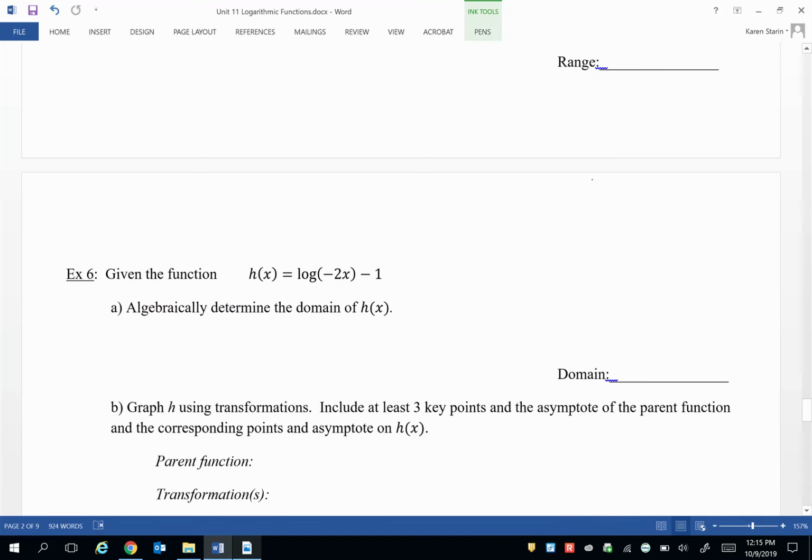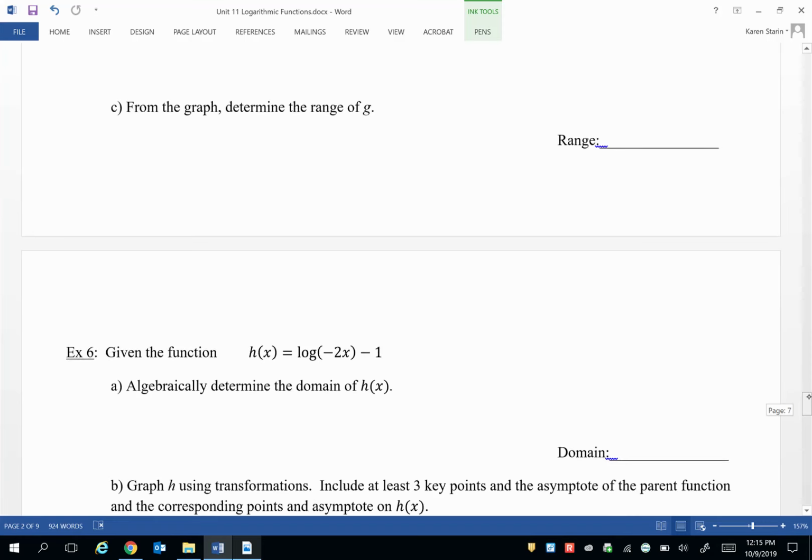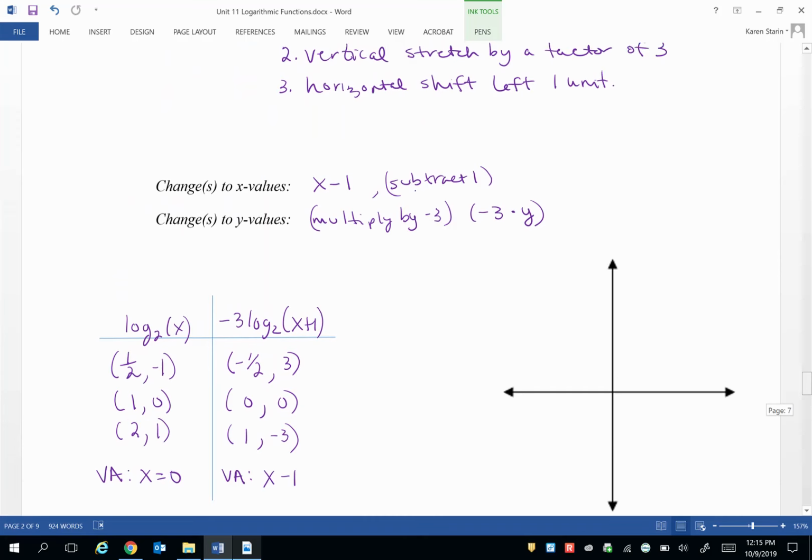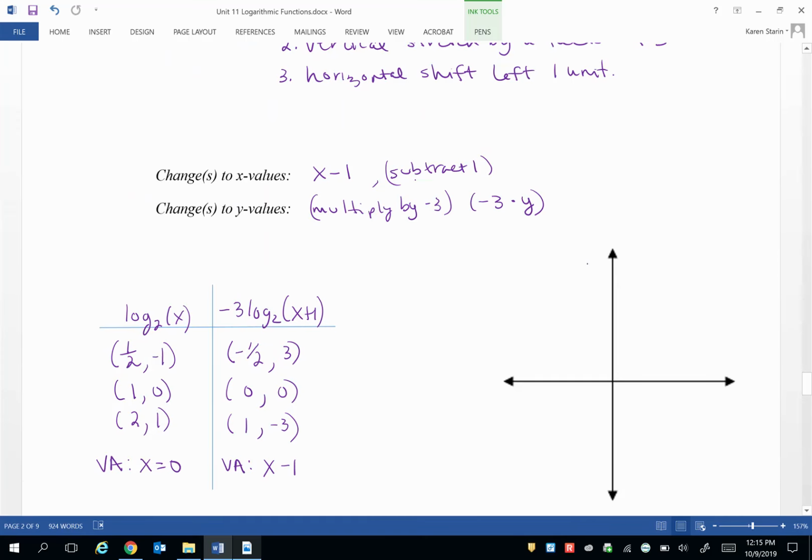So I'll start as I graph that. Excuse me, I didn't mean to jump around on you there. I'll sketch in the vertical asymptote of x equals -1 first.